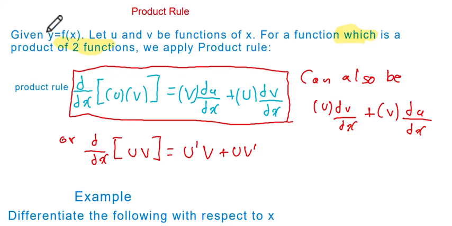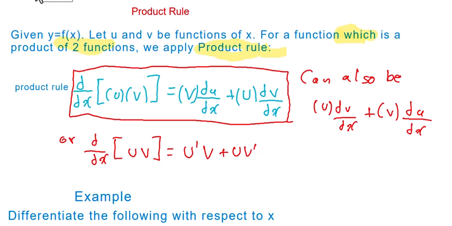Given y equals f of x, let u and v be functions of x, for the function which is a product of two functions. We apply the product law to this particular function.